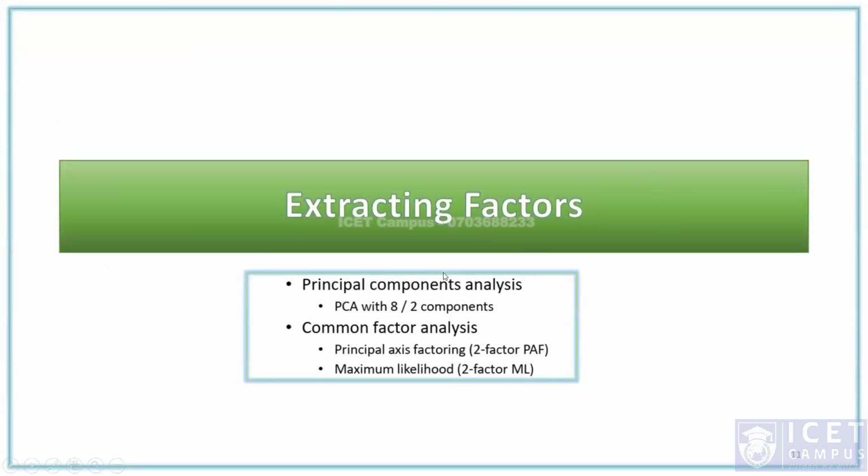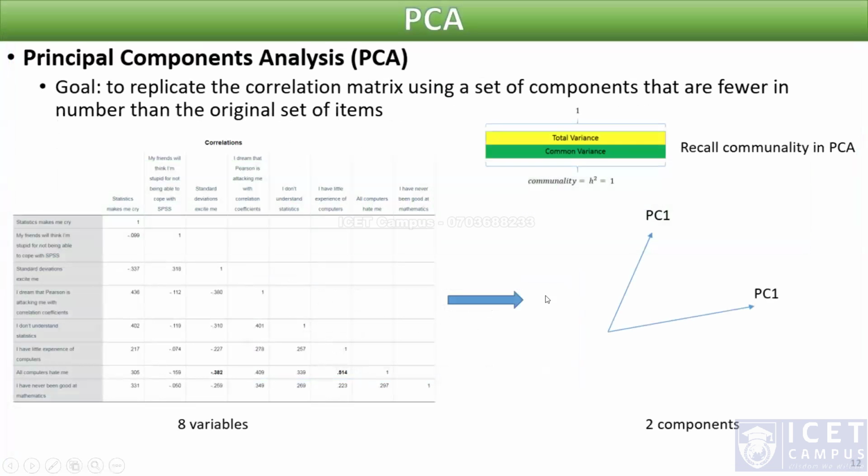Then we'll see how we can extract the factors. We are going to use principal component analysis for two components. Common factor analysis includes principal axis factoring and maximum likelihood. There are many methods for extracting these factors.